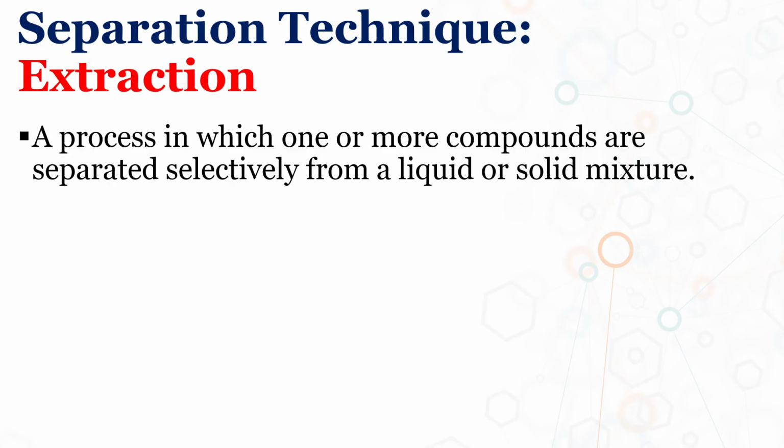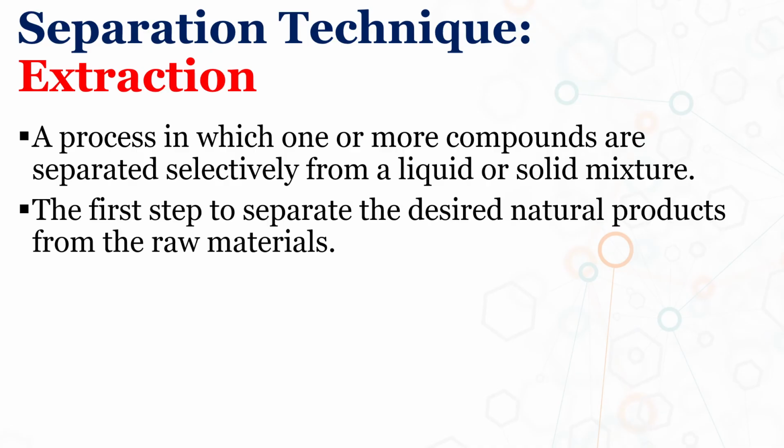And then the next separation technique is extraction. Extraction is a process in which one or more compounds are separated selectively from a liquid or solid mixture. Usually we do this for plant samples, that's why we extract.